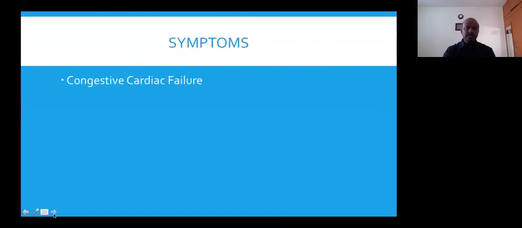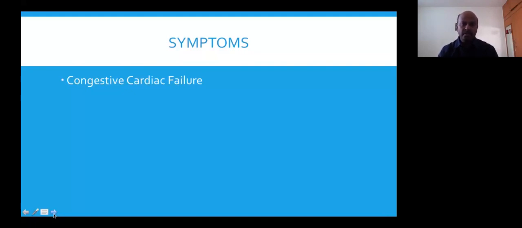Looking at the symptoms, congestive cardiac failure is one of the major symptoms of a moderate ductal shunt in an infant or neonate, and this is predominantly determined by the shunt across the ductus arteriosus.